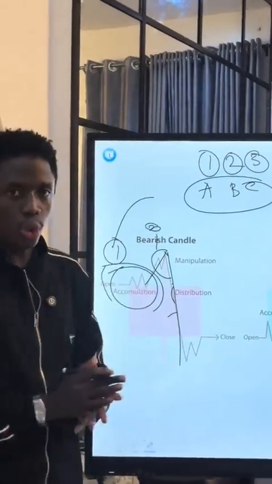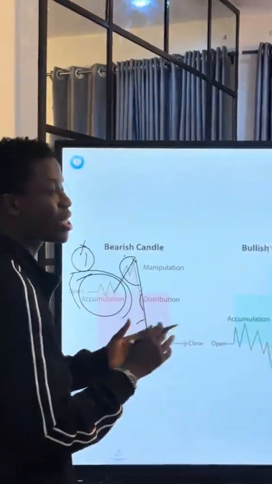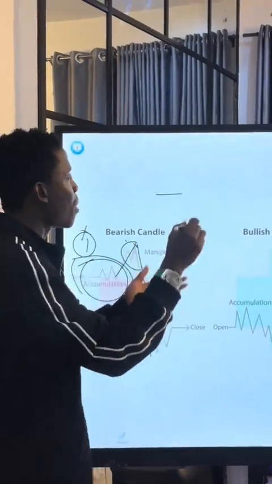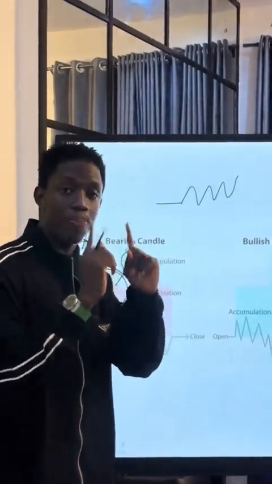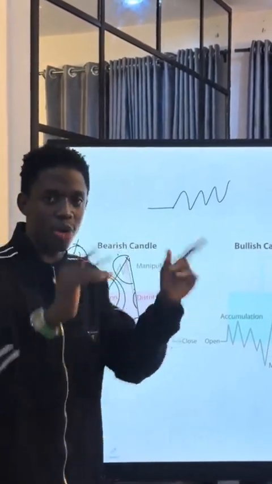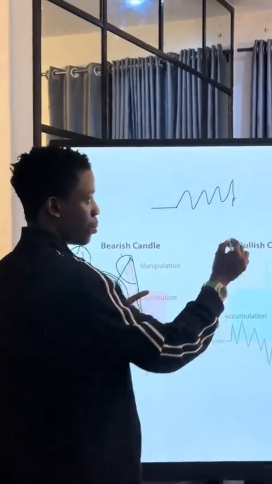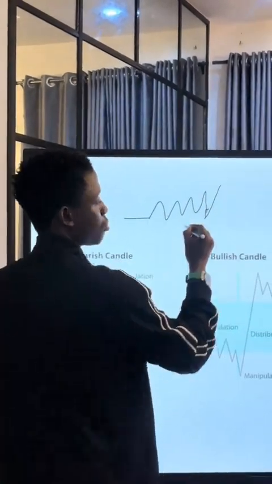So what you do is, when you wake up, you wait for the market to open. After the opening price, you wait for the market to do whatever it wants to do. Then you pay attention to the first break of structure of the day. Once you pay attention to that, it is most likely to be a trap. Then you wait for them to take it.